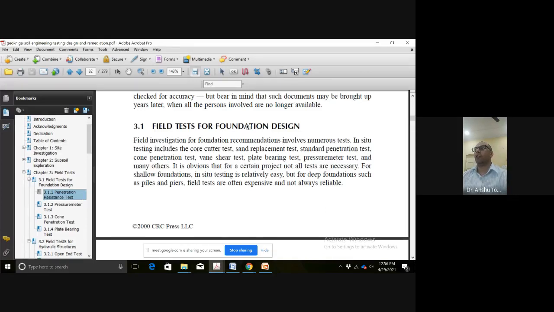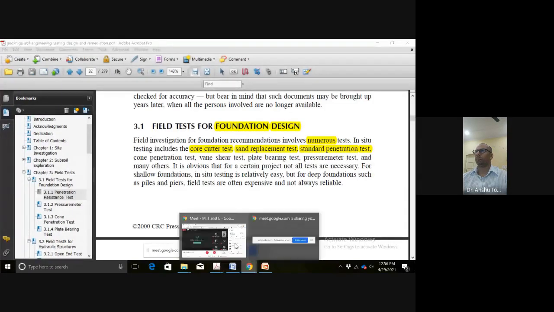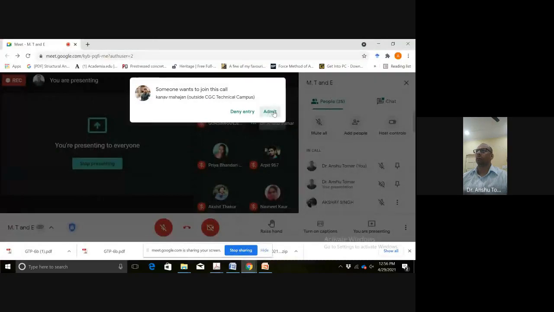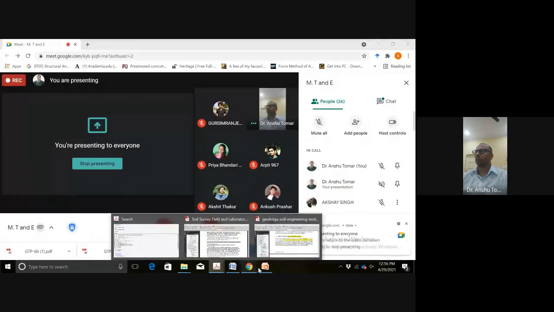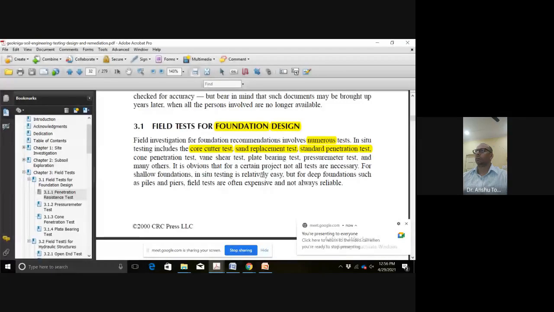So, field tests for foundation design. Recommendations involve numerous tests. In situ testing includes core cutter test, sand replacement test, standard penetration test, cone penetration test, vane shear test, plate bearing test, pressure meter test.